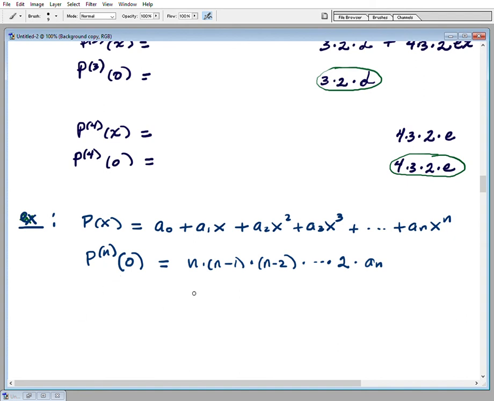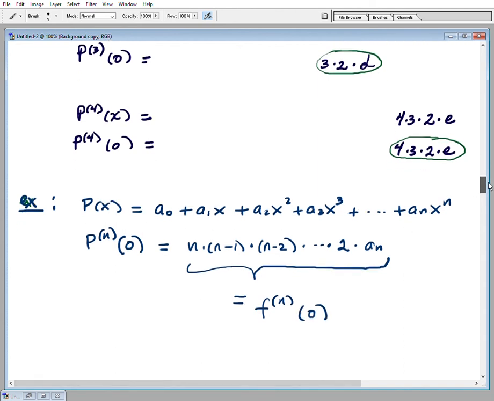I want this to equal f_n of 0. This is n factorial, just a shorter way of writing this, n factorial times a_n. That's what this is equal to.